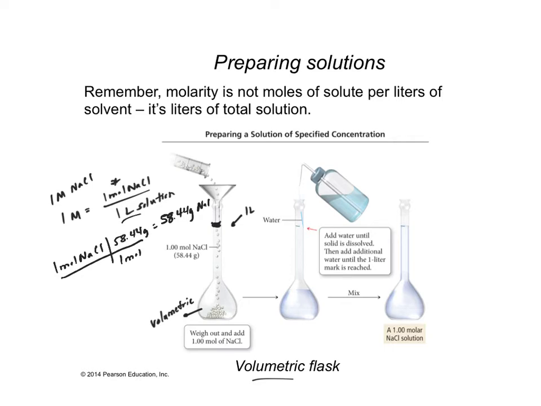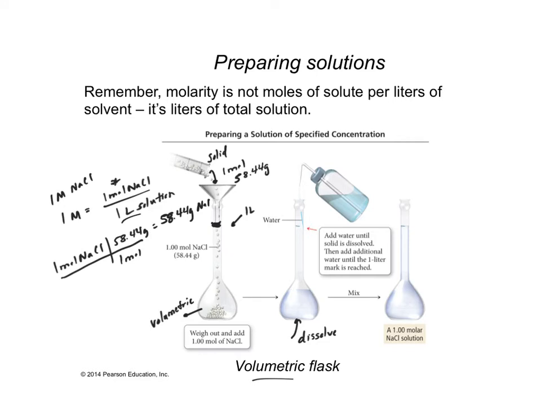If I had a liter volumetric flask, the first thing I would do is dump in my mole of NaCl, what I've measured out, 58.44 grams, as a solid. Then I would fill the volumetric flask about half full of water and completely dissolve all of the solid.